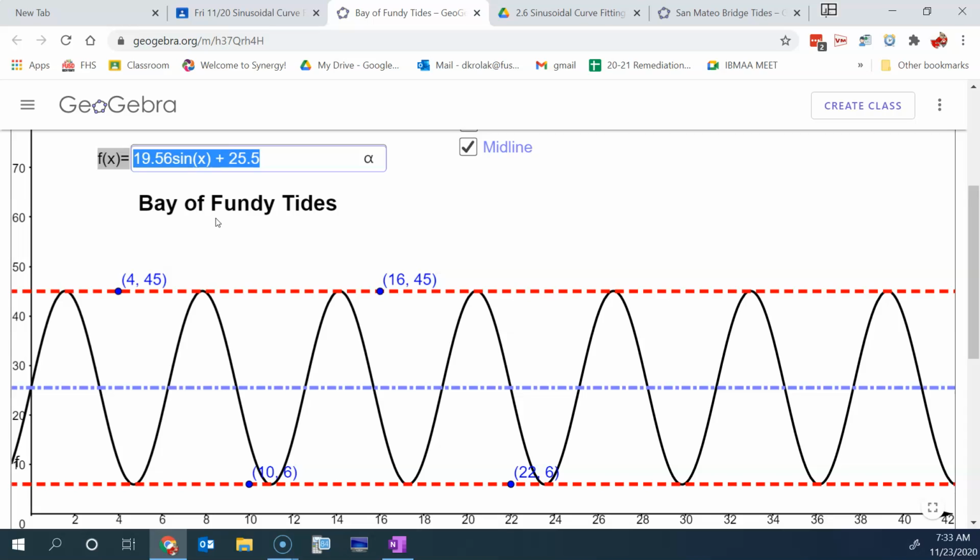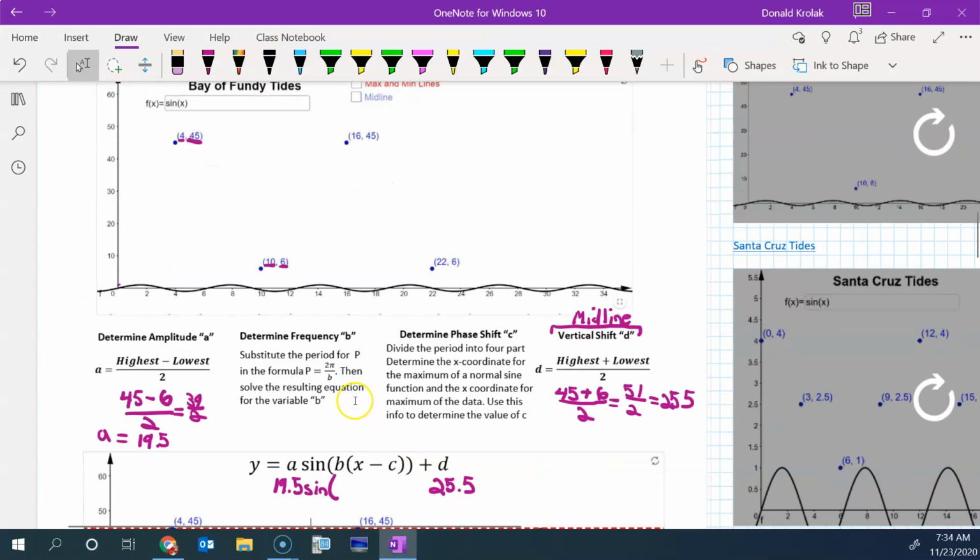Now we want to get the B value so that it has the same period as this. Our period is a little over 12 hours. We're going to substitute the period into the formula P equals 2 pi over B and solve the resulting equation.